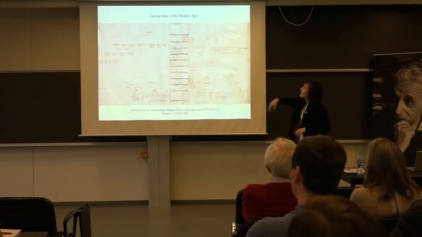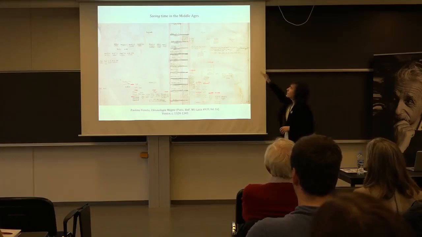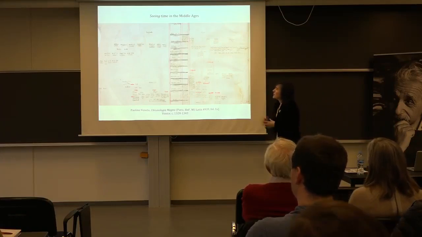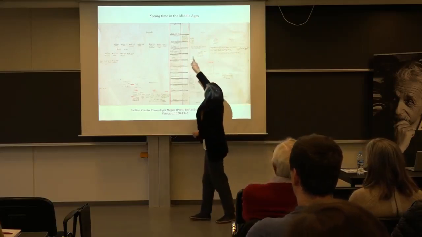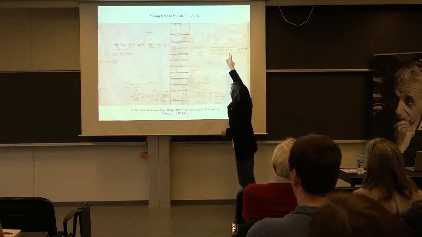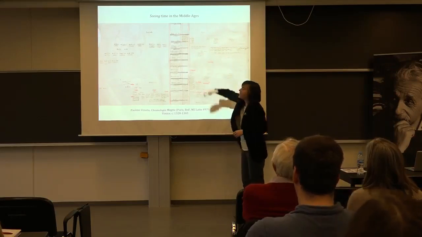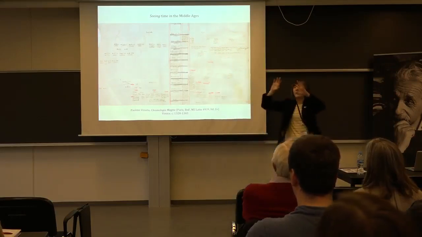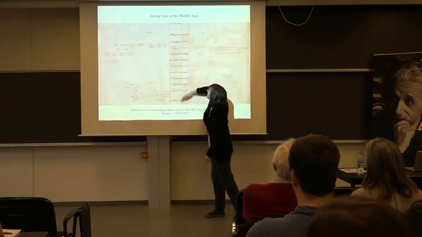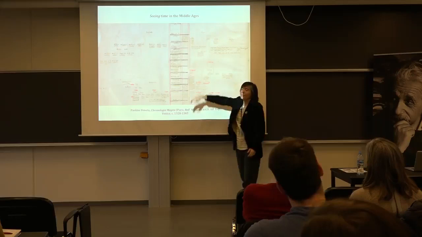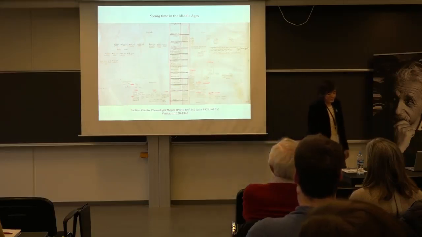So you can see here, this is a sort of general universal chronicle depicted with this sort of diagrams. So here you have Japheth, Ham, and Sem, the three sons of Noah and their descendants, and this is placed in this kind of general chronology column.